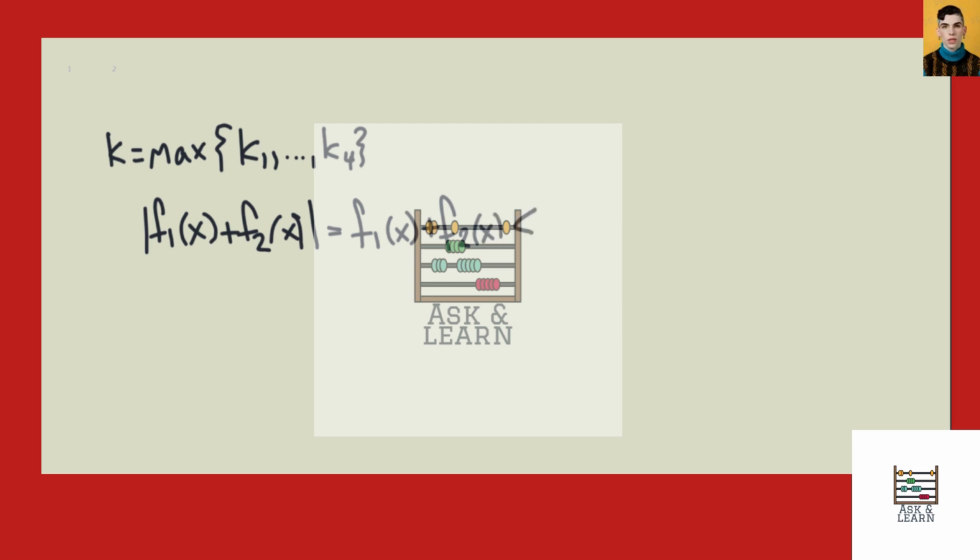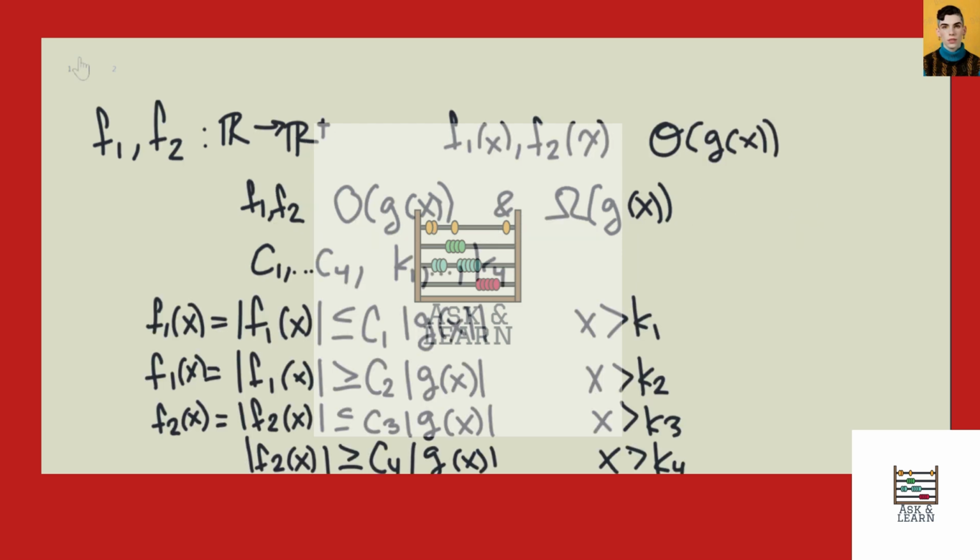All right, and this, from the previous page, we know must be less than or equal to c1 times g plus c3 times g. Right, so this was due to their big O definitions.